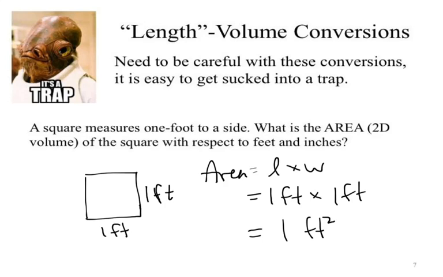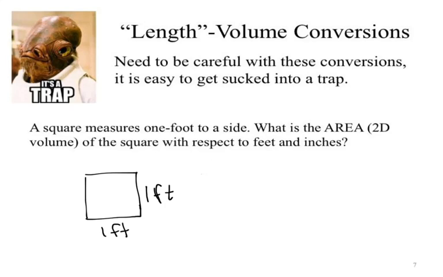What happens if we now want to do this with respect to inches? So there's 2 ways that we can approach this. Whoops, shouldn't have erased that area formula, but you all got that, right? Okay. What is a foot? So we can say, right here, 12 inches, 12 inches.